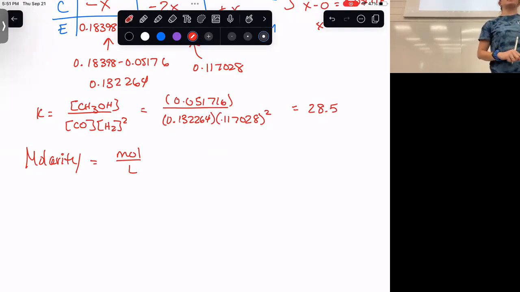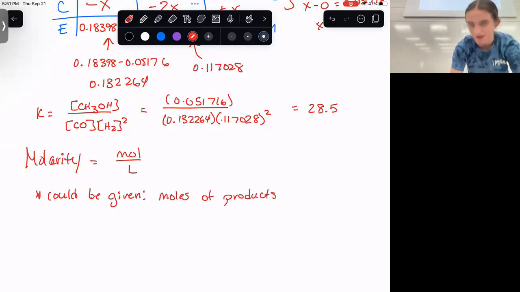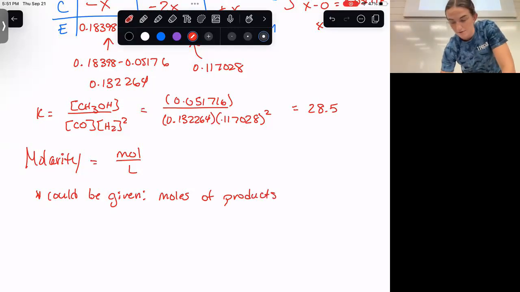So what could we be given in order to get to moles per liter? We could be given moles of products and the volume of the container that it is performed in.